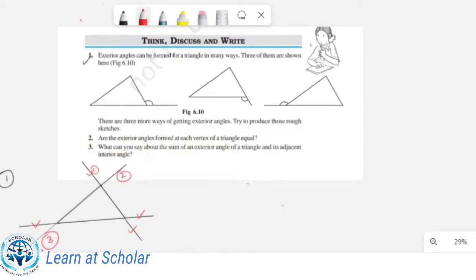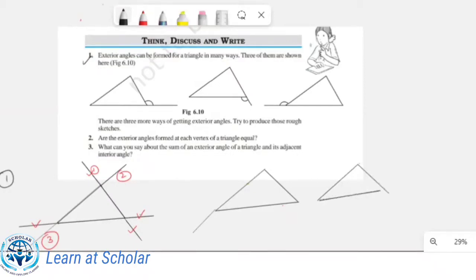Now drawing the exterior angles in the given figures. Geometry is all about drawing. The more you draw, the more clear are the concepts.